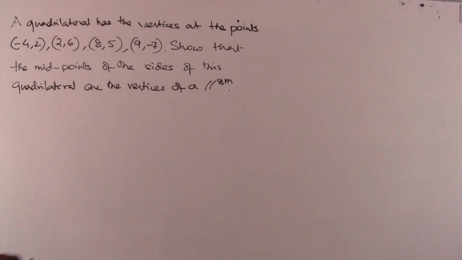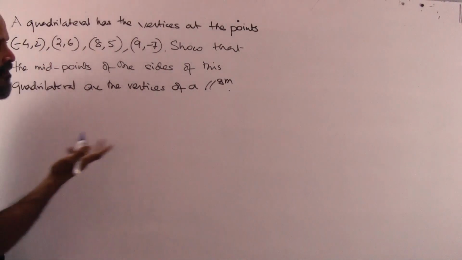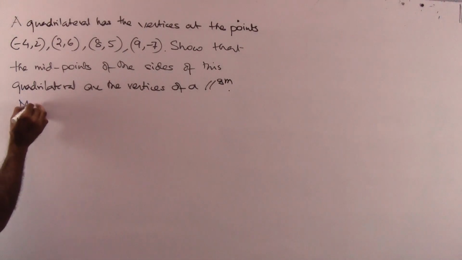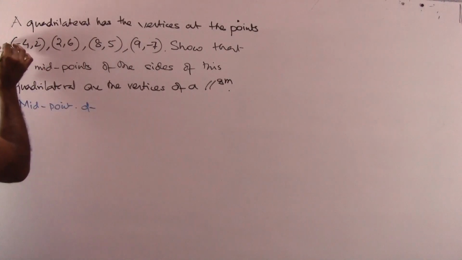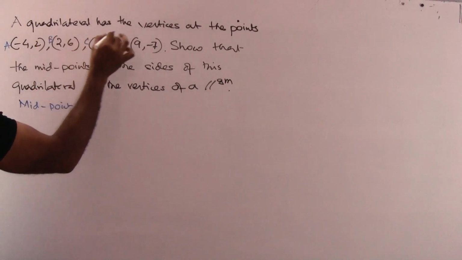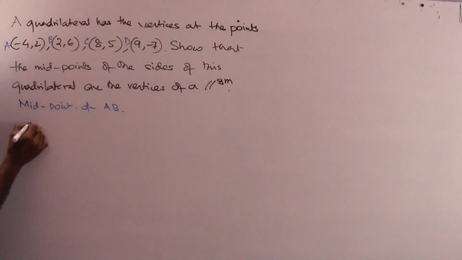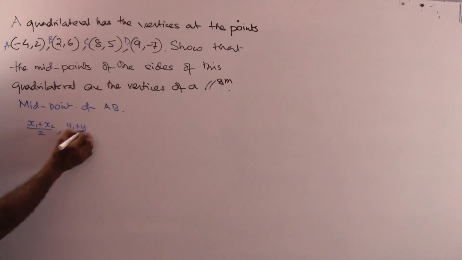Okay, so let's do it. Now we will have to calculate the midpoints, applying the midpoint formula. Let's name this quadrilateral A, B, C and D. How will we calculate the midpoint of AB? We know that the midpoint has coordinates x1 plus x2 by 2, y1 plus y2 by 2.